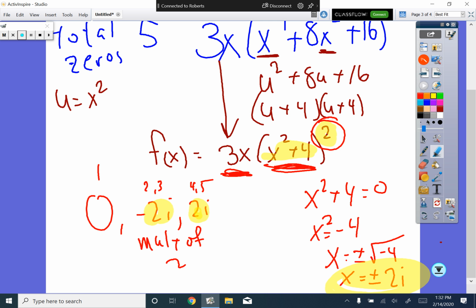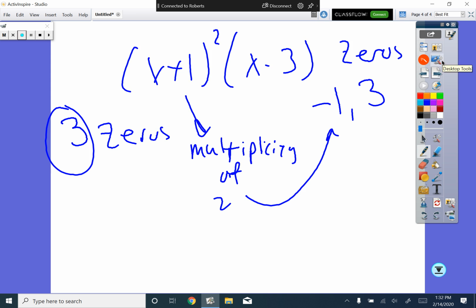So therefore, this is 1 zero. Negative 2i happens to be my second and my third. And 2i becomes my fourth and my fifth zero. You with me on that? Everybody, yes? Okay.